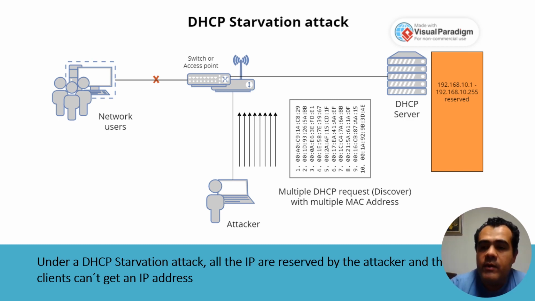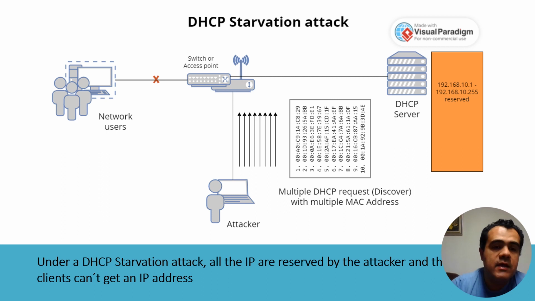In this case, we have 255 IPs available. When all these IPs are reserved for the discovers sent by the attacker, at this point the DHCP server doesn't have any more IPs for other clients.